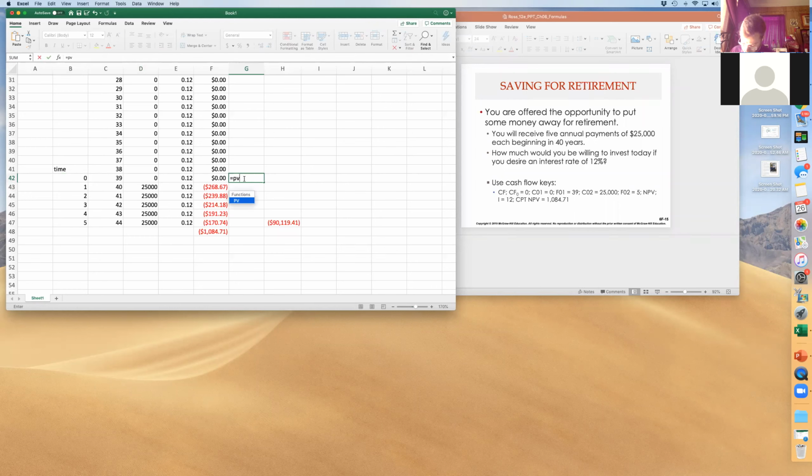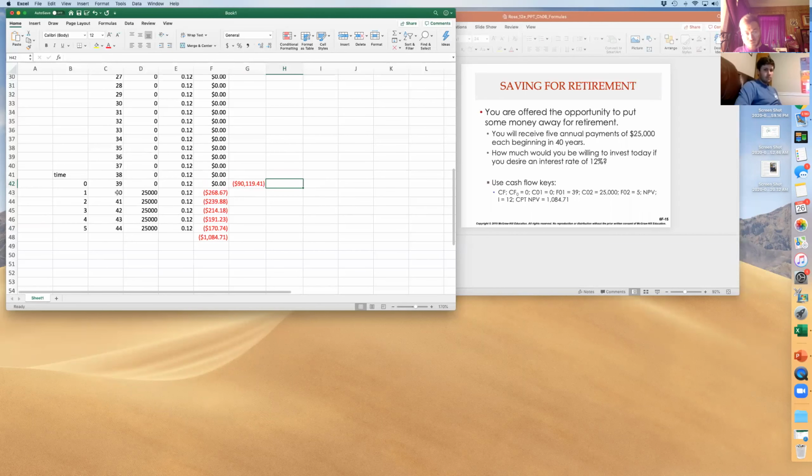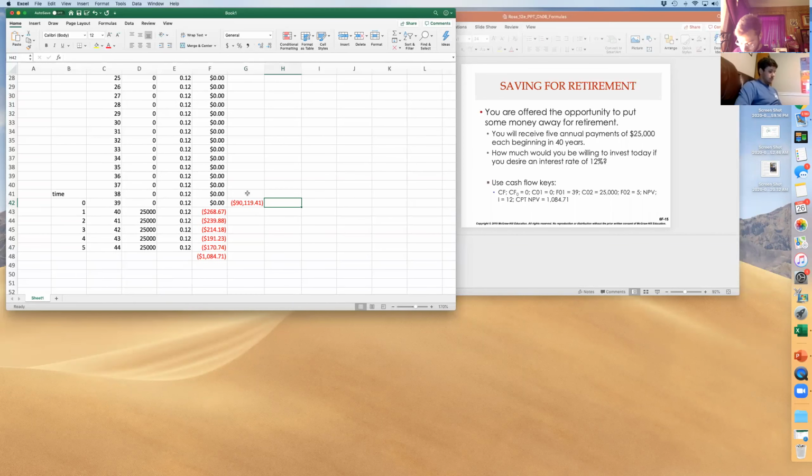So I could have written that right up here. Here's the present value, 0.12. Number of periods are 5 payments that are equal of $25,000 a year and no future value. And I get $90,119.41. Now what I need to do though is I don't need our value in time period 39.